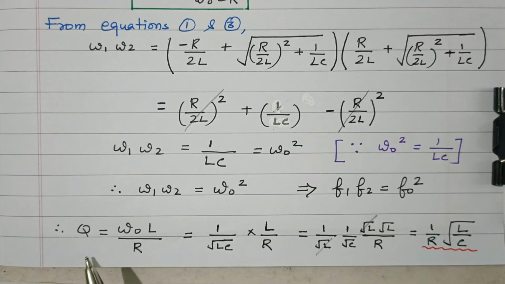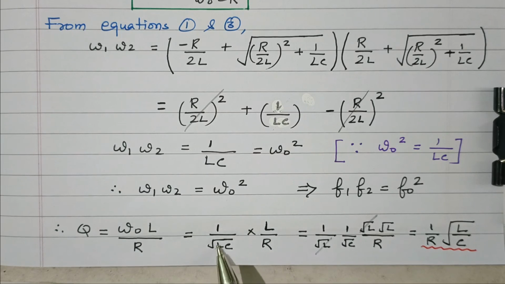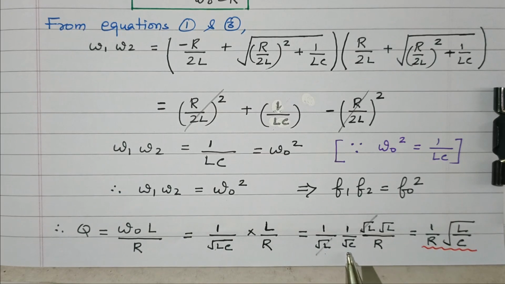Now we will see the quality factor again. Q equal to omega naught L by R. That is equal to omega naught, which is 1 divided by square root of LC, into L by R. Now how will you write this? The square root of LC is written separately: 1 divided by square root of L, 1 divided by square root of C. This L is written as square root of L into square root of L. So in order to simplify, this square root of L got cancelled.